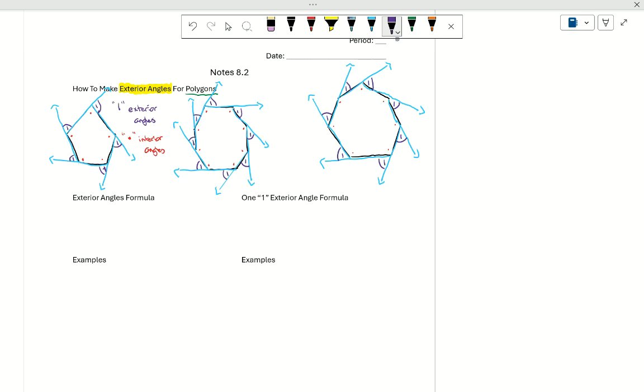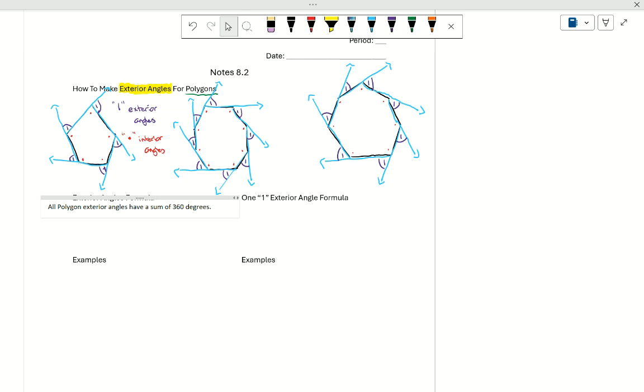Okay, so now there are 2 formulas that you need to familiarize yourself with. They're pretty easy. The first one is really not a formula, it's a number. The exterior angles formula, and this is it. It's kind of nice because it's the same for every shape. So all polygons' exterior angles have a sum of 360 degrees.